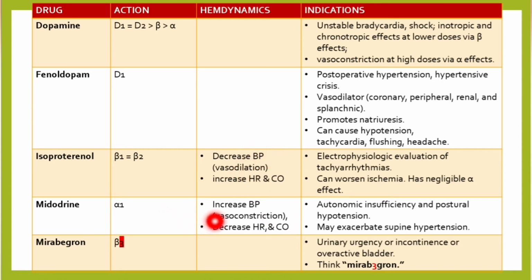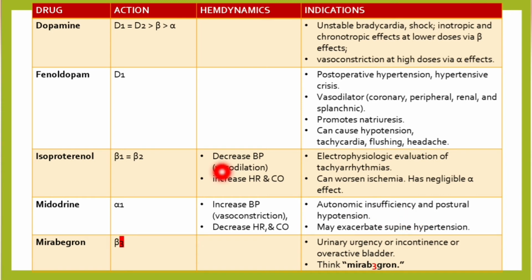Midodrine also decreases heart rate and cardiac output, whereas isoproterenol has the opposite effect. Midodrine is indicated in autonomic insufficiency and postural hypotension. This drug may exacerbate supine hypertension.